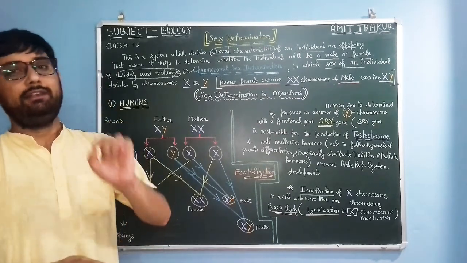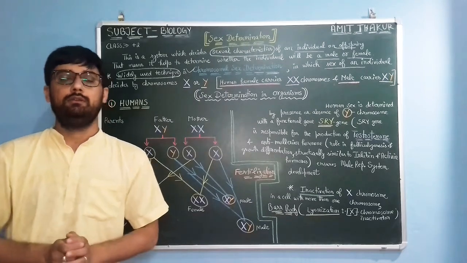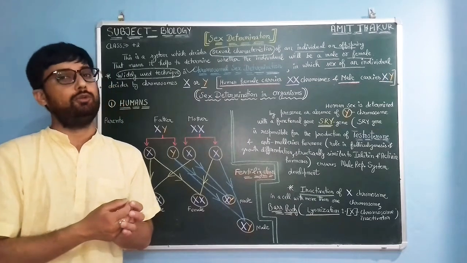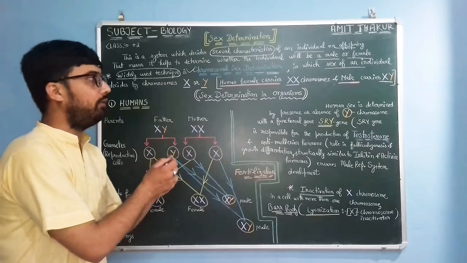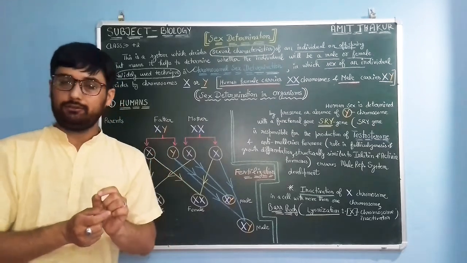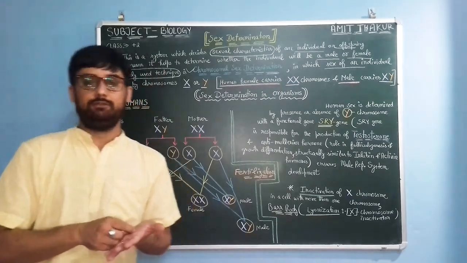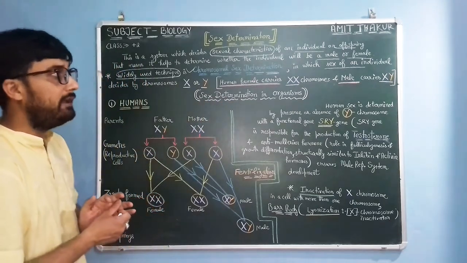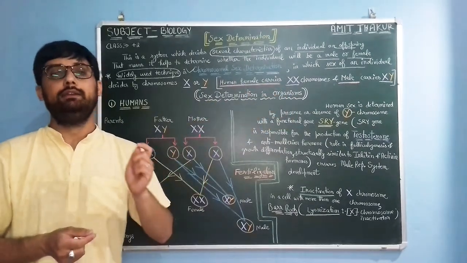Out of these 46 chromosomes, 44 are known as autosomes and 2 are known as allosomes or sex chromosomes. The combination of the allosomes will either be XX or XY. The XX combination is meant for a female individual and the XY combination is meant for a male individual.